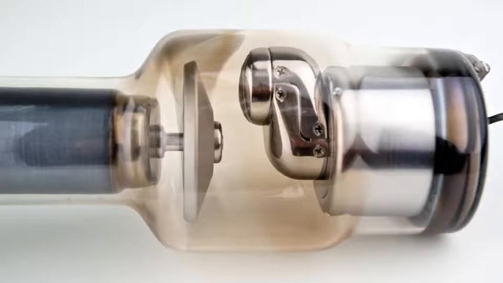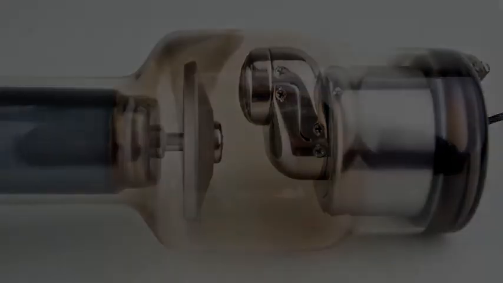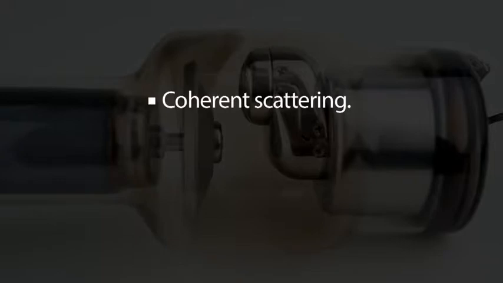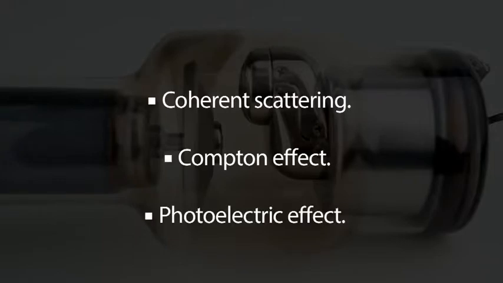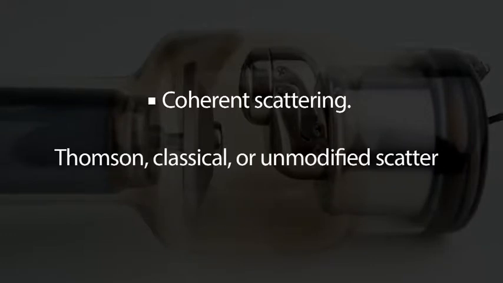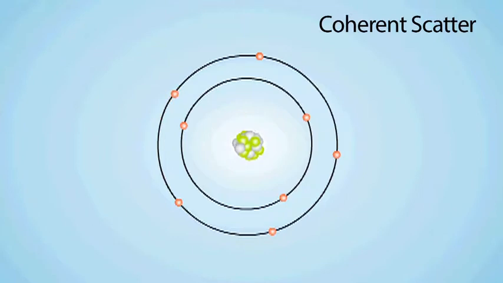Within the diagnostic radiography range of kilovolts, X-ray photons can interact with human tissue in three ways: coherent scattering, Compton effect, and photoelectric effect. Coherent scatter, also called Thomson, classical, or unmodified scatter, results when a low-energy incident photon causes tissue atoms to vibrate.